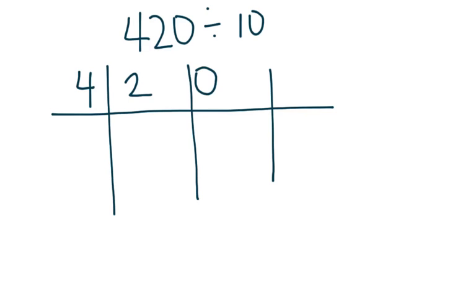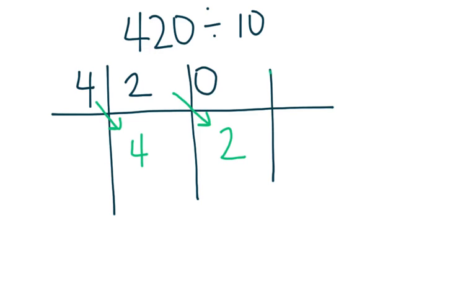Our place value spots are going to go backwards. So when I have, just like in the problem before, those 4 hundreds became 4 tens, while those 2 tens became 2 ones.